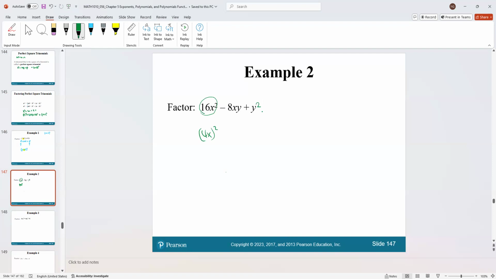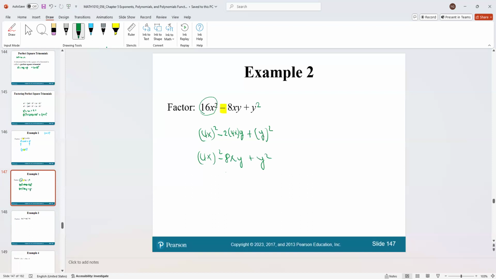So what you raise to power 2 to obtain y squared? You raise y to power 2. Now, because the term in the middle right here is negative, we know the next one here would be negative, 2 times the first one by the second one. That would give you 16? You see, you have 4x power 2 minus 8xy plus y squared.